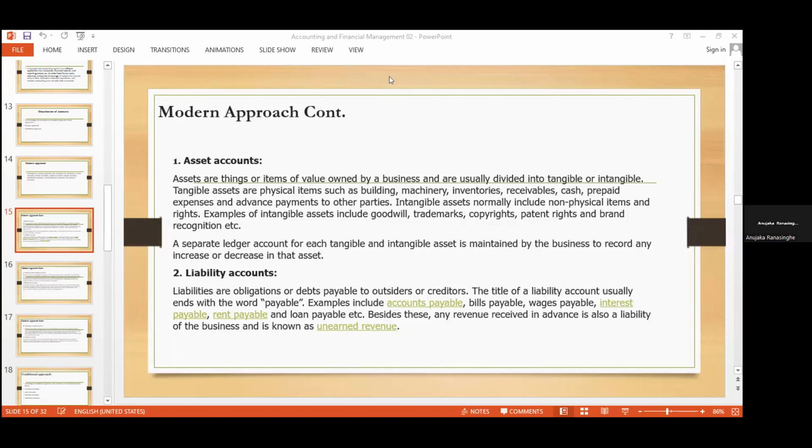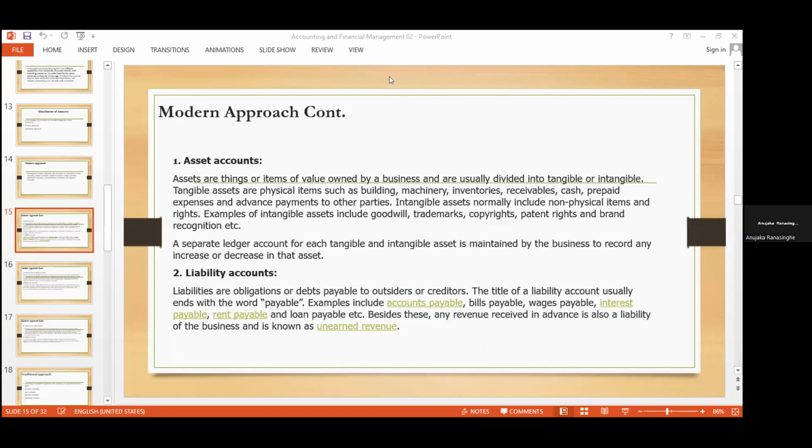Liabilities. All the debtors and payable amounts are here in the company.